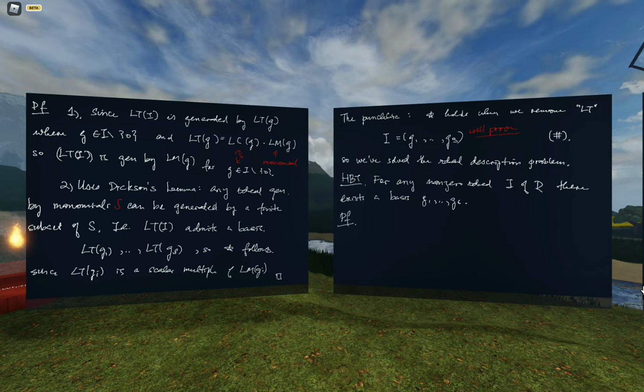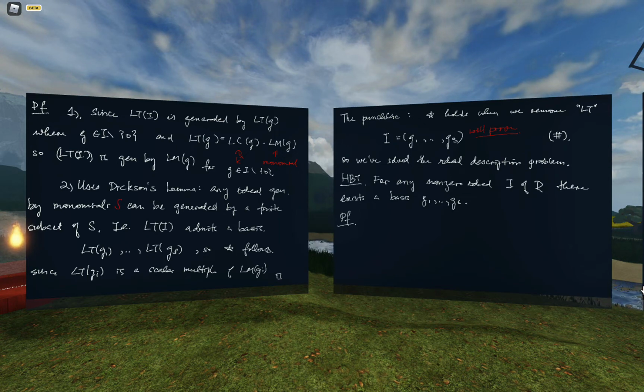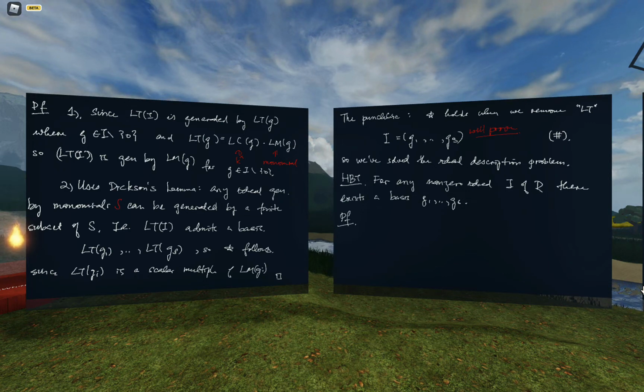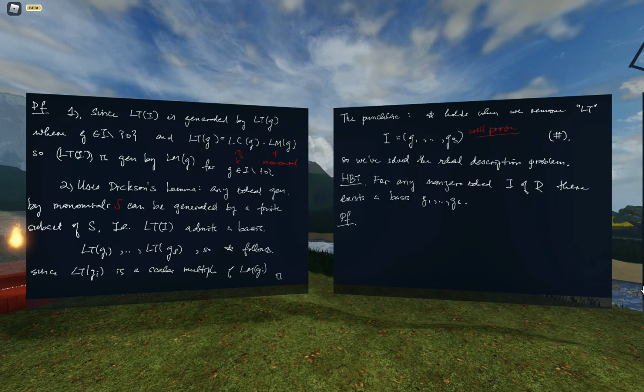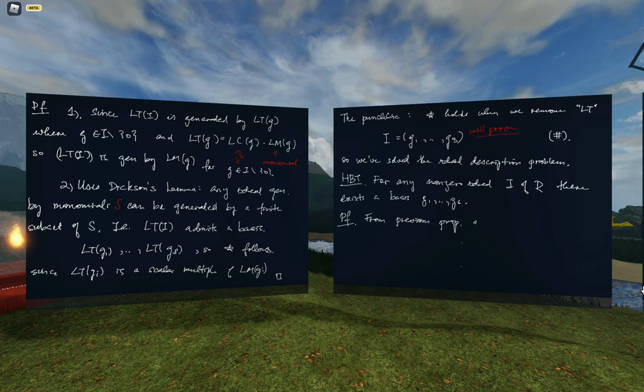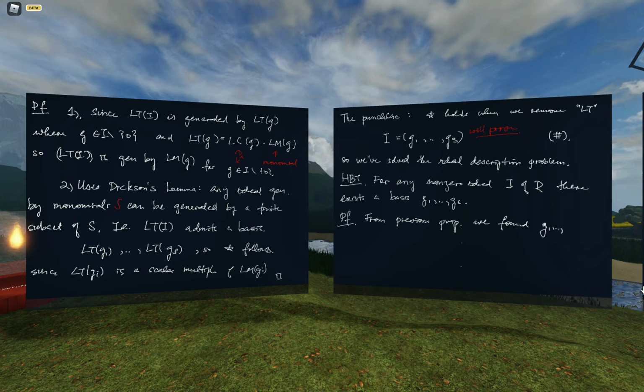As the notation suggests, we're going to use the basis G1 through GS from the previous proposition, the one that came from finding a generating set for the ideal generated by LT of I. From the previous proposition we found G1 through GS.